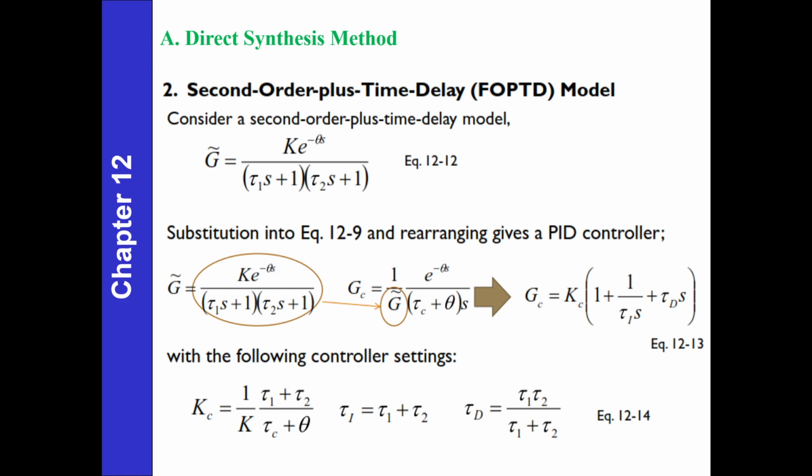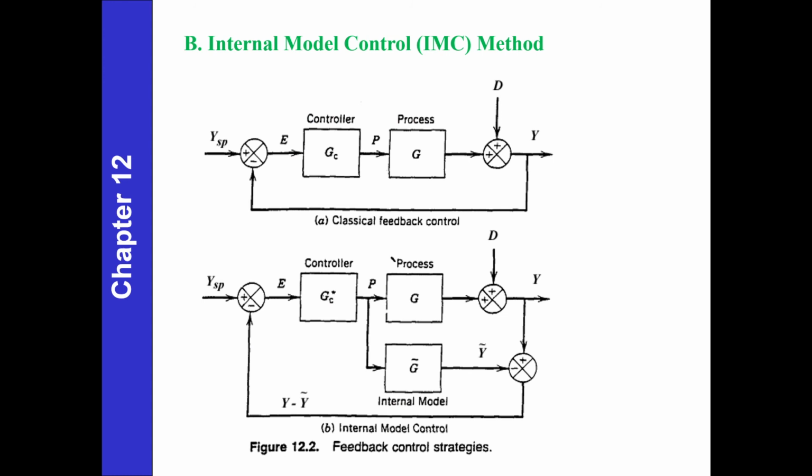So this is all about the direct synthesis method, which is one of the methods to design a PID controller. The next one is internal model control, whereby we're not going into detail about how to derive it, because we will take a look at it in part 2. So I will just go fast with this.